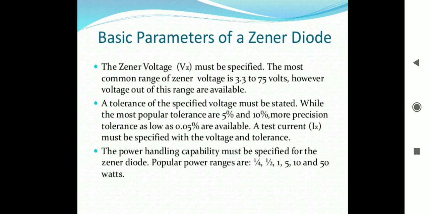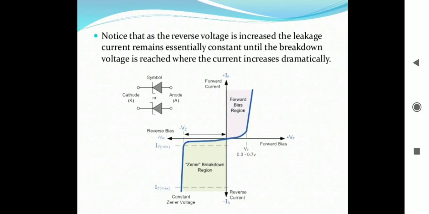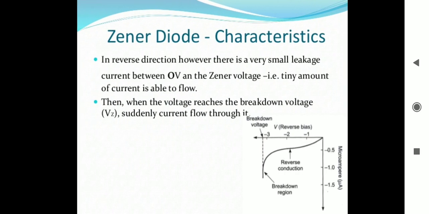You can see in the reverse bias VI characteristics region, here is the reverse bias region in front of you, which shows the characteristic has a gradually increasing nature. In this diagram you can see the avalanche breakdown graph.